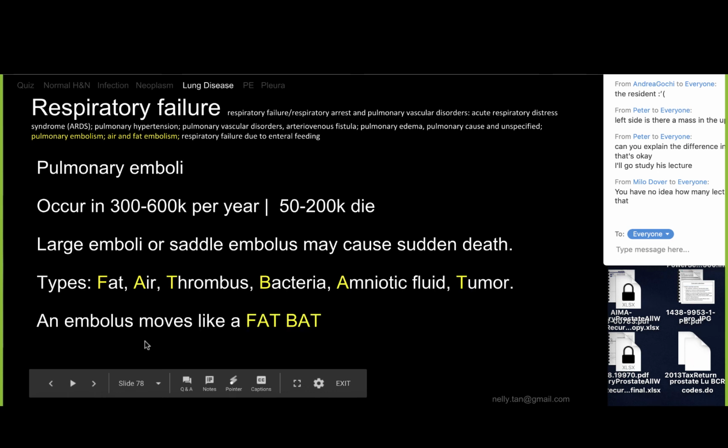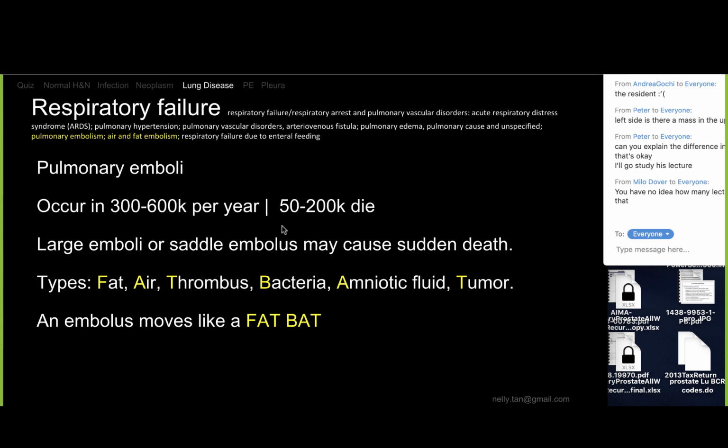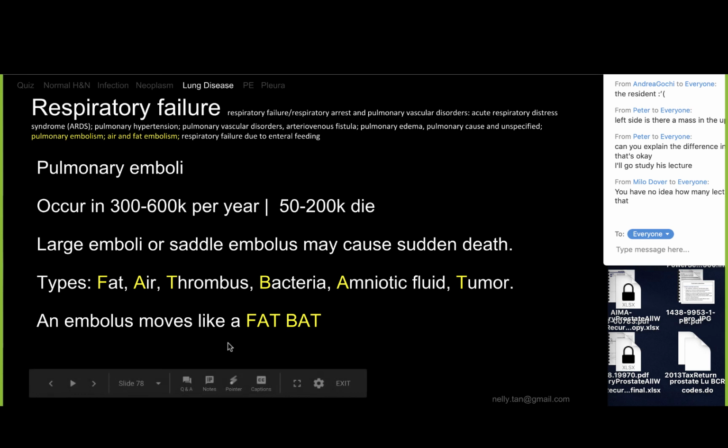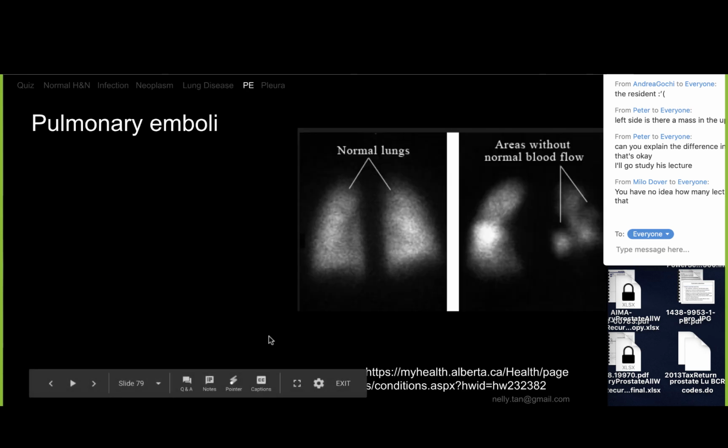Okay, so just touching on a couple more items that I think are more common than not, one is PE. A lot of people die from PE. We said 140 died from lung cancer, and up to 200 die from PE, so it's a very significant disease. You can have different types of emboli: fat, air, clots, bacteria and septic emboli, amniotic fluid, or tumor. Here's your FAT-BAT acronym.